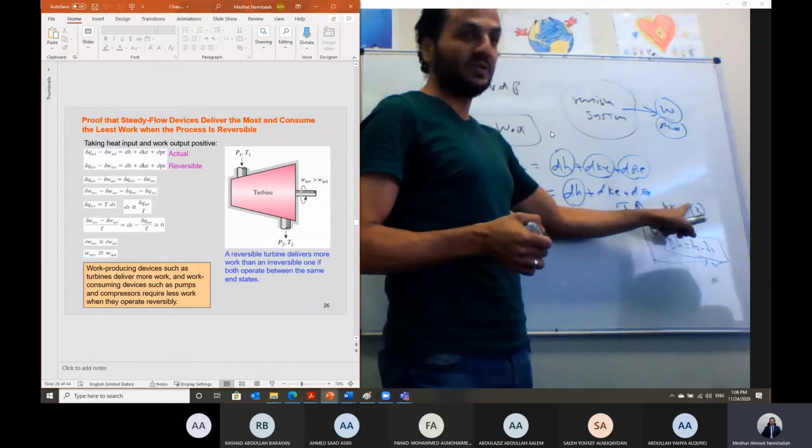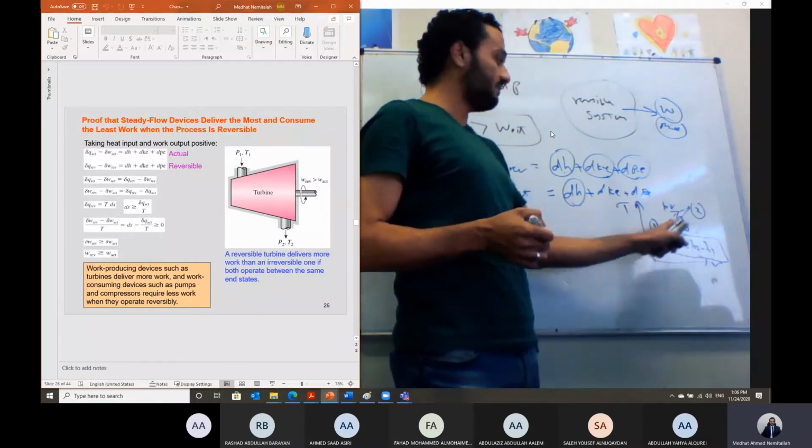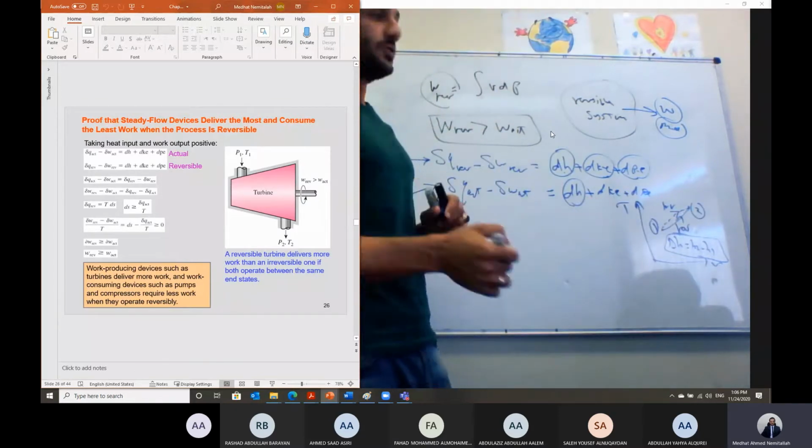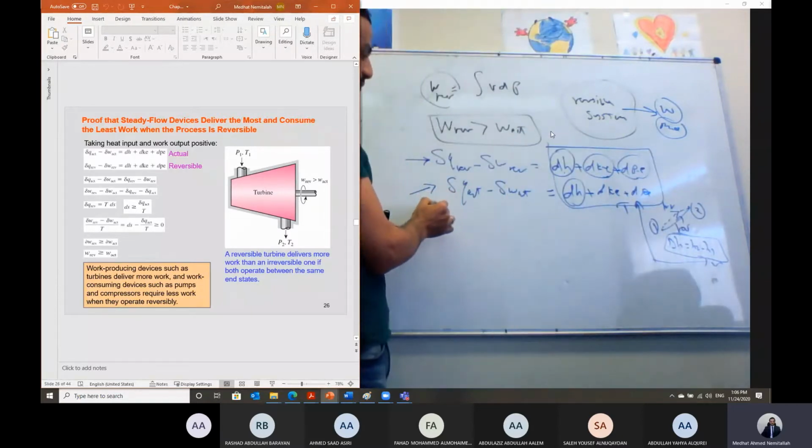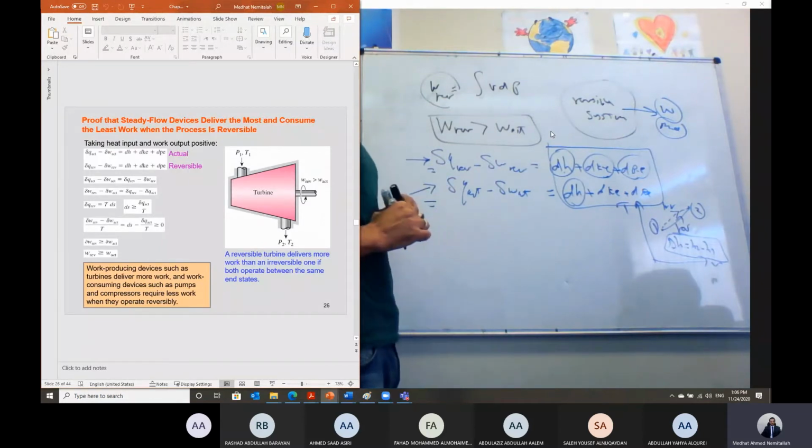It does not depend on the path followed. What we need is just the final value minus the initial value. So this right-hand side term will be the same for both cases, either the process is reversible or it is an actual process.